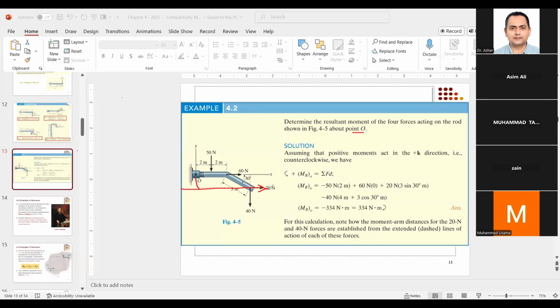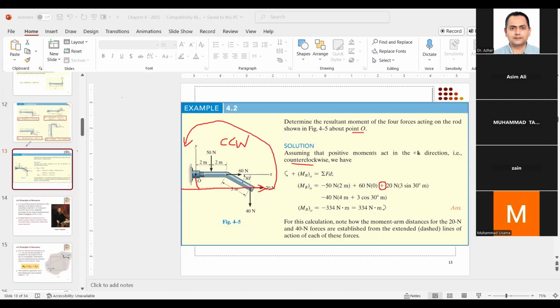If that's the scenario, follow the direction, and you will see the moment produced about point O is counterclockwise. So if it is counterclockwise, since counterclockwise is positive, we have used a positive sign.